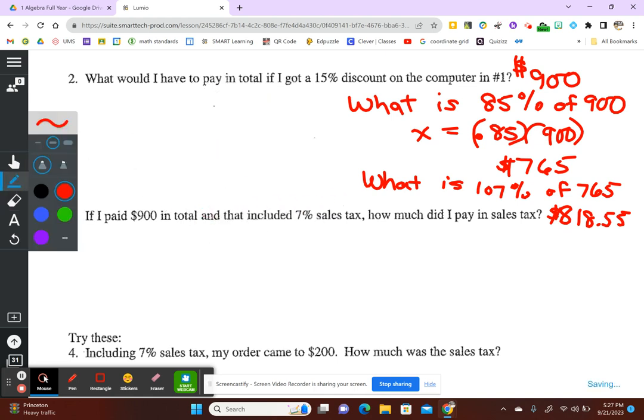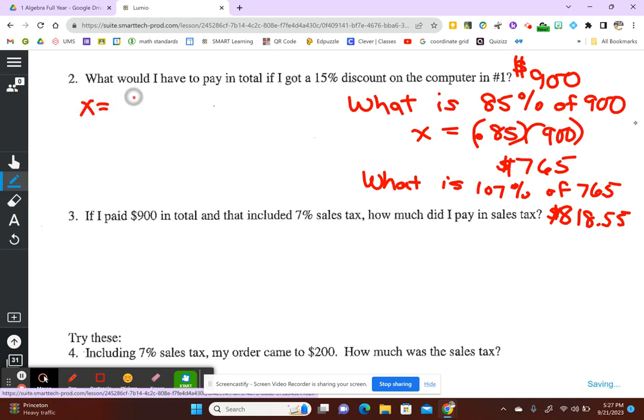Now, there's a third way to do this that I think is the easiest, and it's definitely the shortest. I would say, okay, I have this $900 computer, but I'm only going to pay 85% of the total cost. But then after I pay 85% and figure out my discounted dollar discount, I have to pay 107% of that to pay for the taxes.